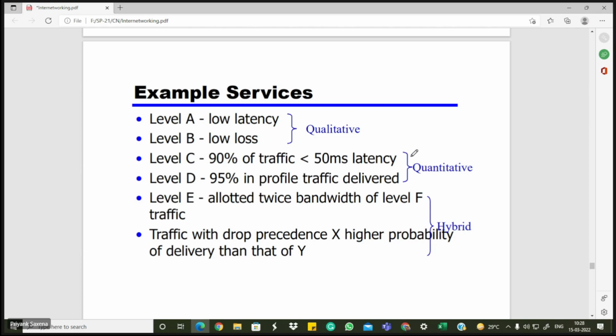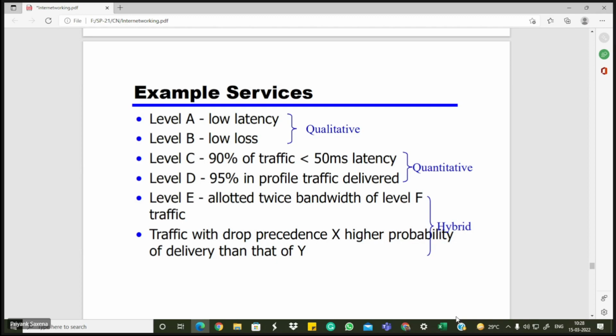Traffic with drop precedence X has a higher probability of delivery than that of Y. In a framework document, the first two examples are qualitative, where you say that the traffic should be delivered with low latency and low loss.